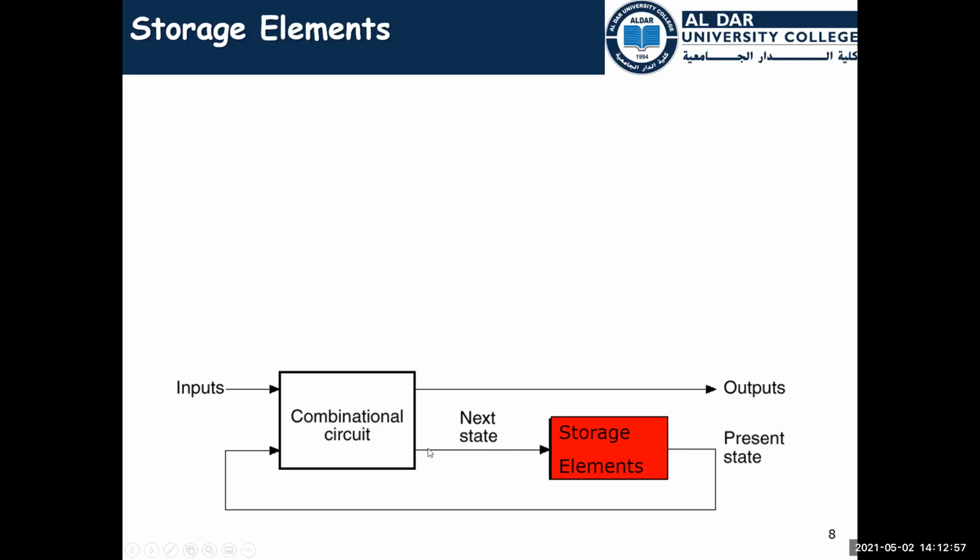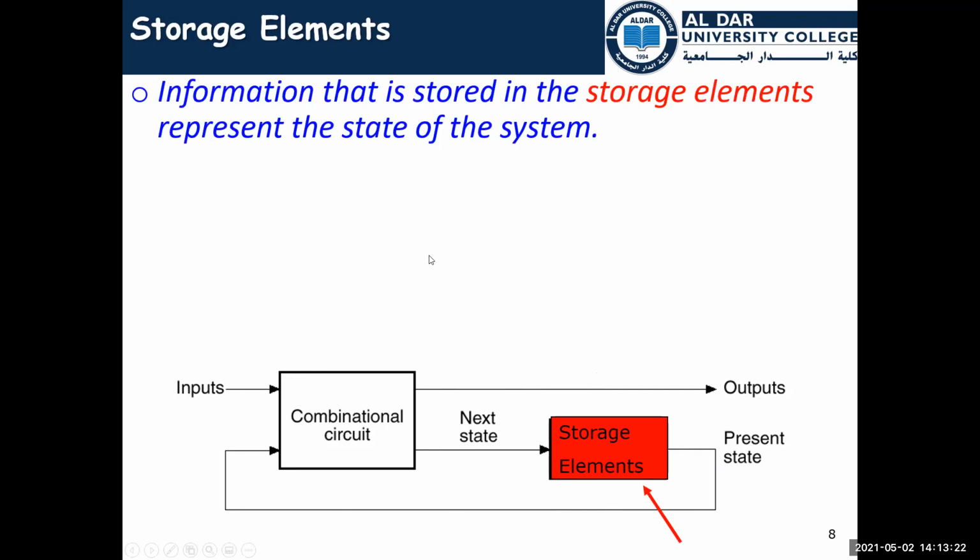It means that we have a loop, we have a feedback here. The sequential circuit is simply a combinational circuit with a storage element that contains a feedback. Feedback means that the next state or the output depends on the inputs and the previous state. This is the sequential circuit.